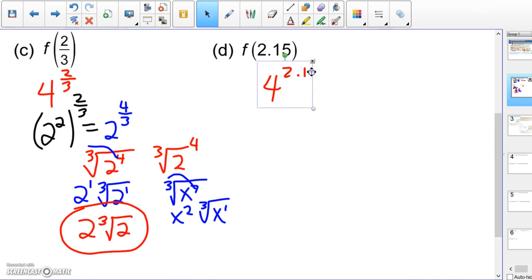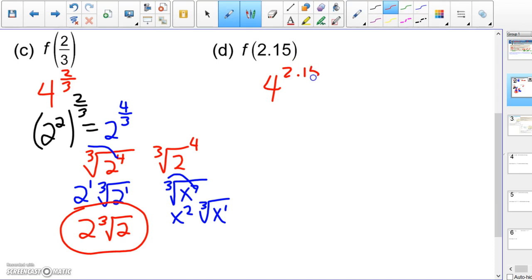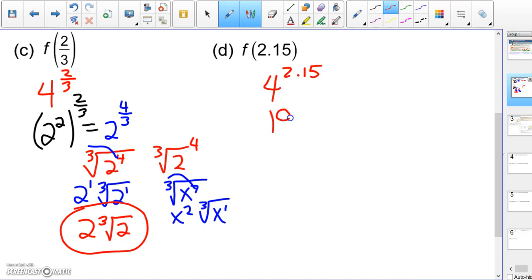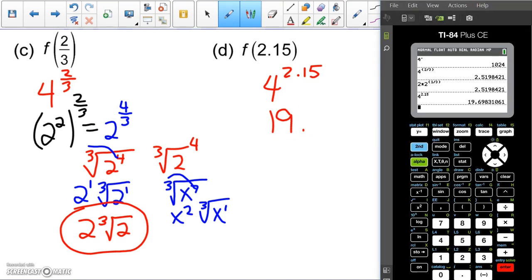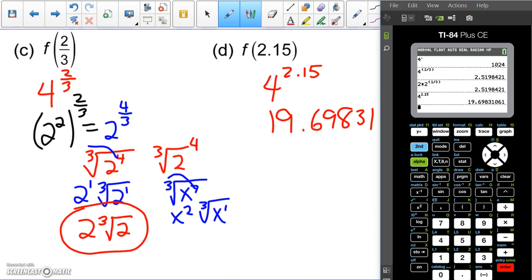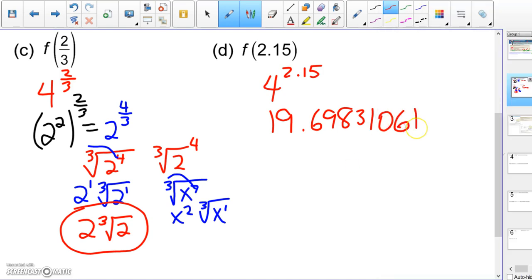I think it's pretty obvious they expect you to use a calculator here. 4 to the 2.15 is a crazy decimal there. 19.69831061. Okay.